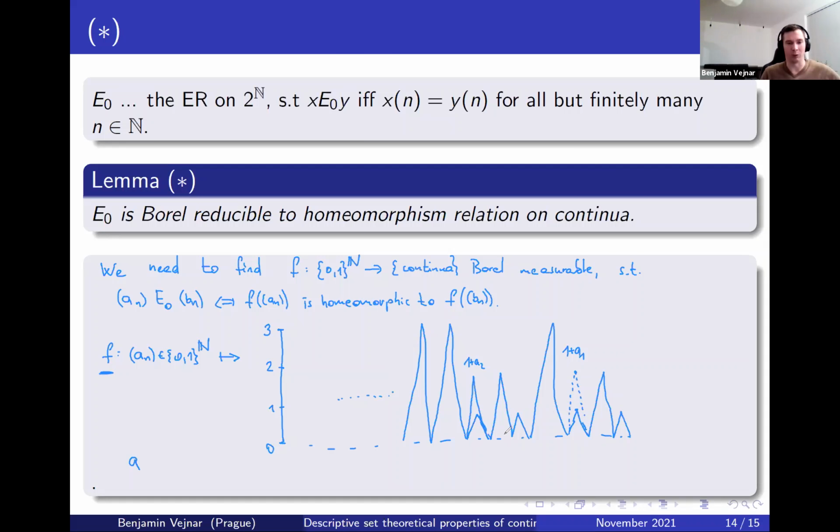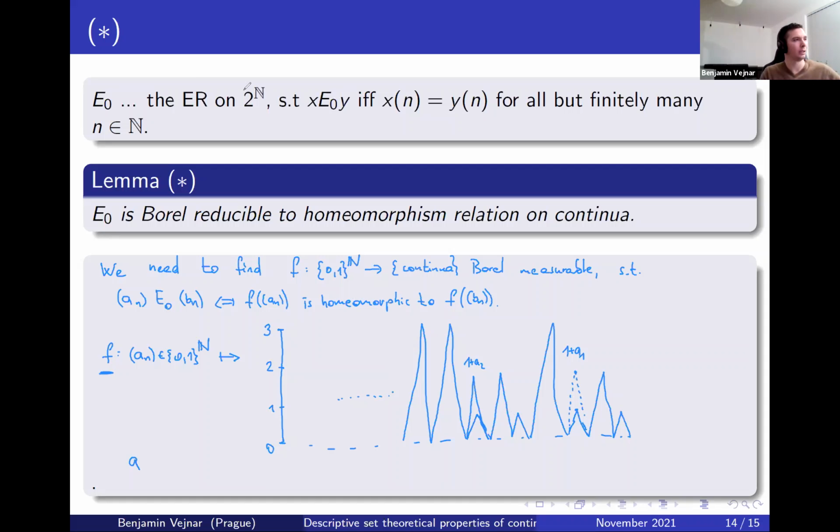The corresponding spaces will be homeomorphic. And one needs to check some technical details, that if a_n and b_n are distinct on infinitely many indices, then these two corresponding spaces are not homeomorphic. I don't have enough time to explain the details, but the main thing is that this E0 equivalence can be somehow encoded into continua.